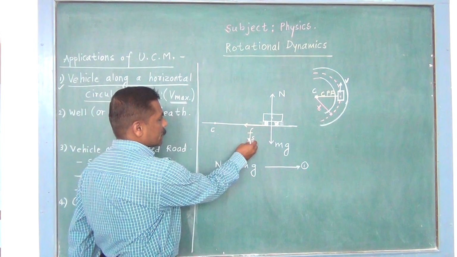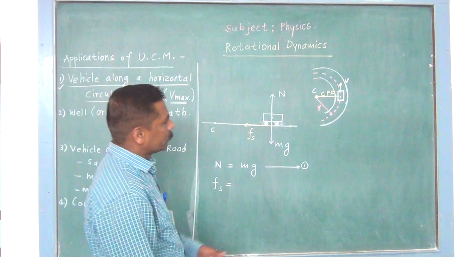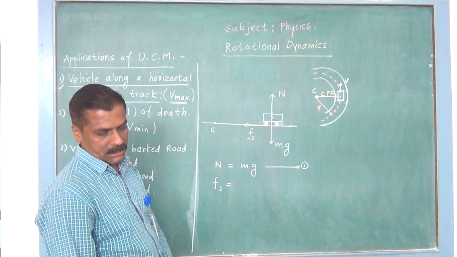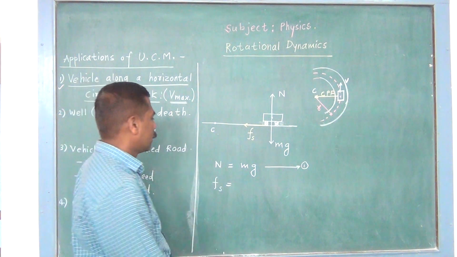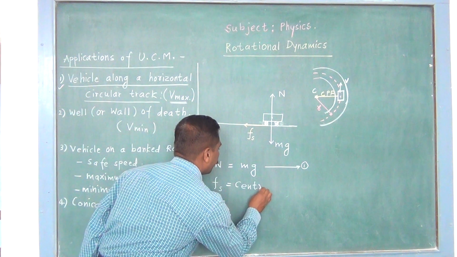So this Fs is acting towards the center of this circular path, which is shown here also. So we can consider this Fs as the centripetal force.